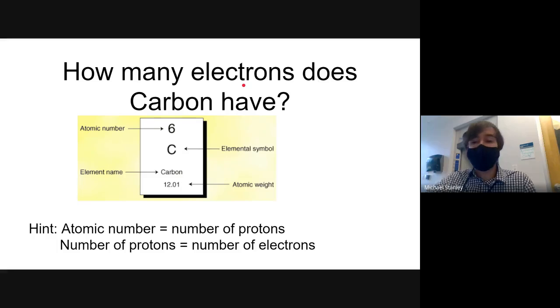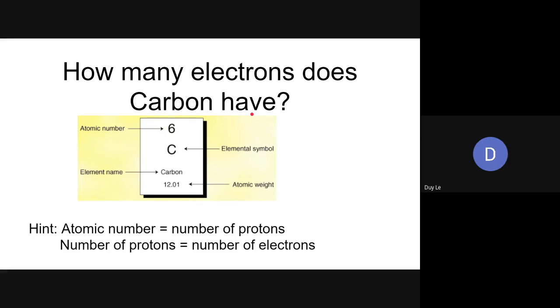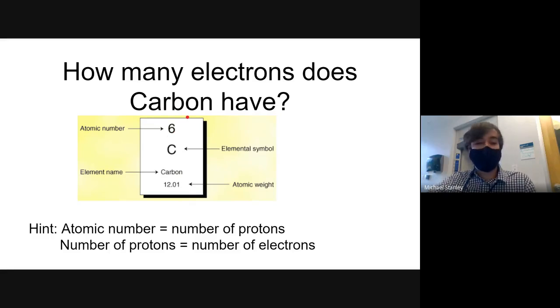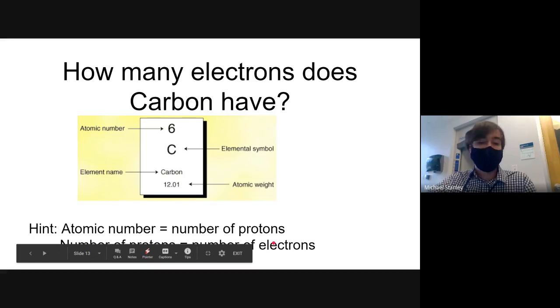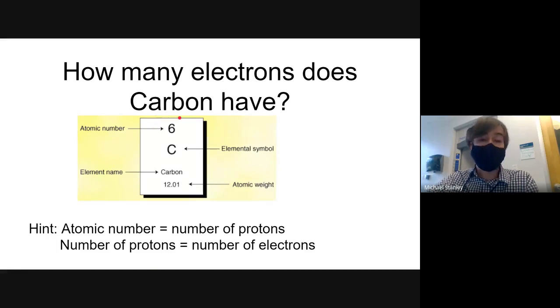And how did you know that carbon has 6 electrons? In the top, on the nose. Exactly. The top number, the atomic number, is 6, which means that carbon has 6 electrons and 6 protons. So the atomic number is the same as the number of protons and the same as the number of electrons.